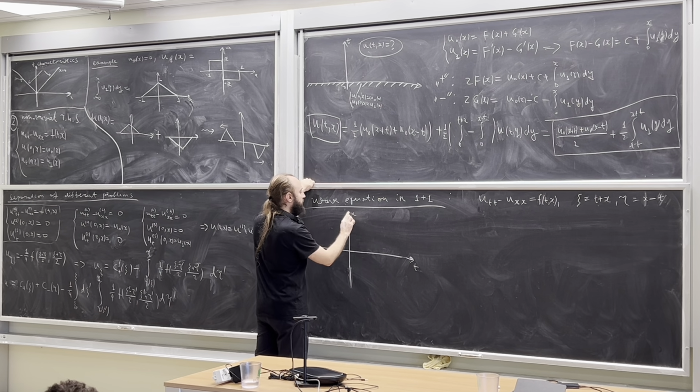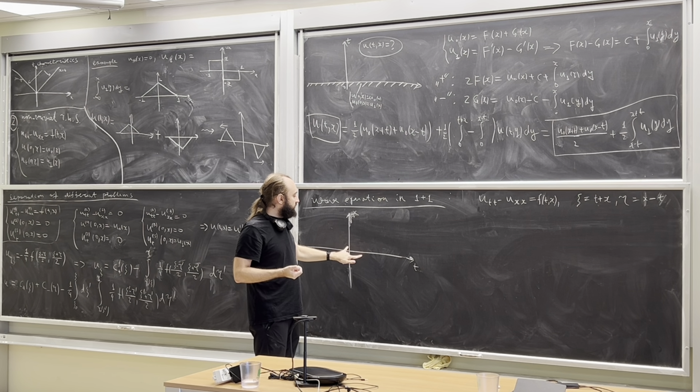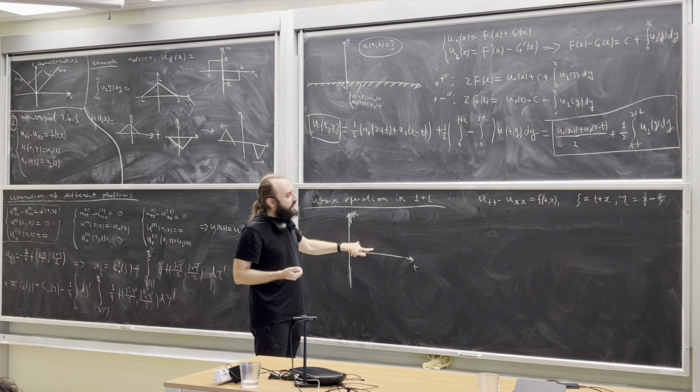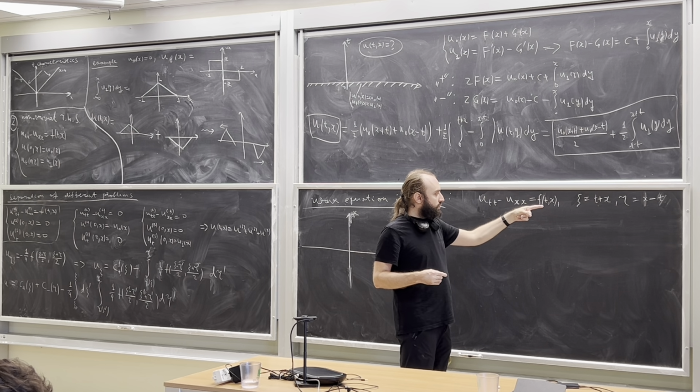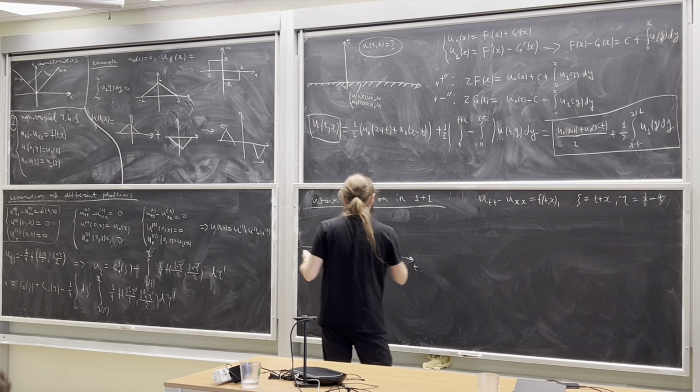And we have the 45-degree rotation to pass to eta and xi. When both x and t increase, we see that eta is constant and xi is increasing.